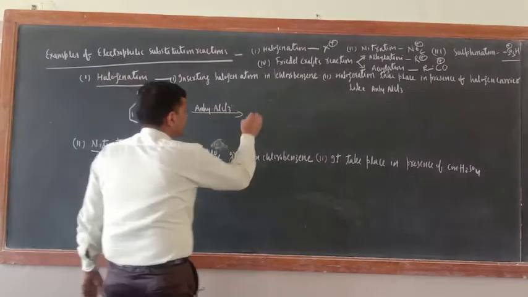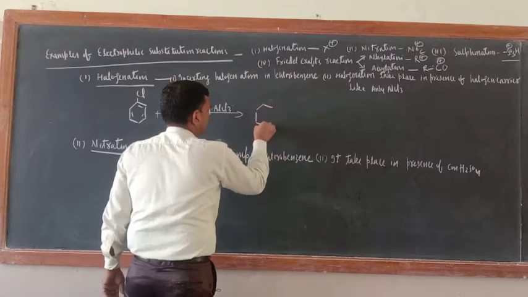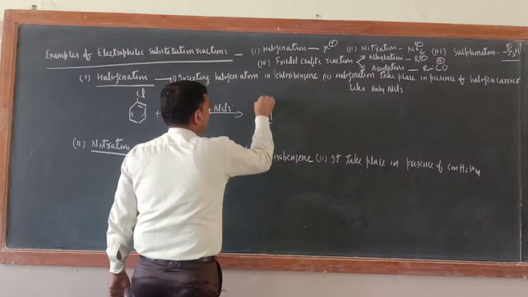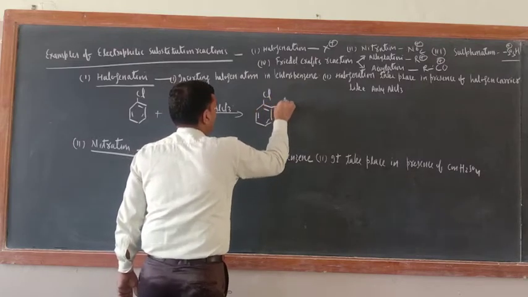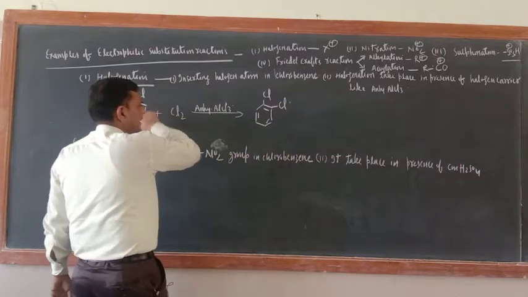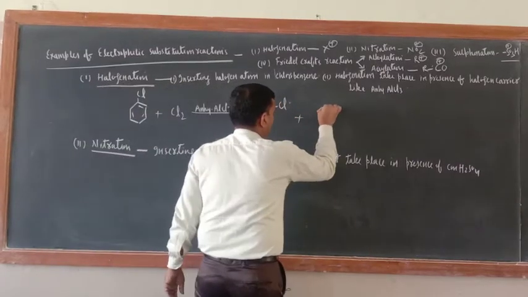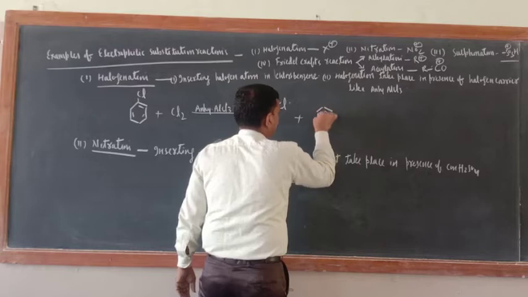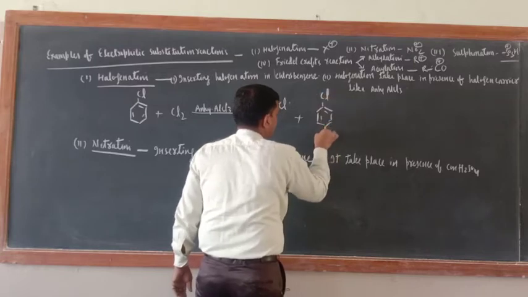Halogen atoms are ortho-para directing. So here Cl will be inserted at ortho, plus one product at para will be formed. This is Cl, this is Cl.